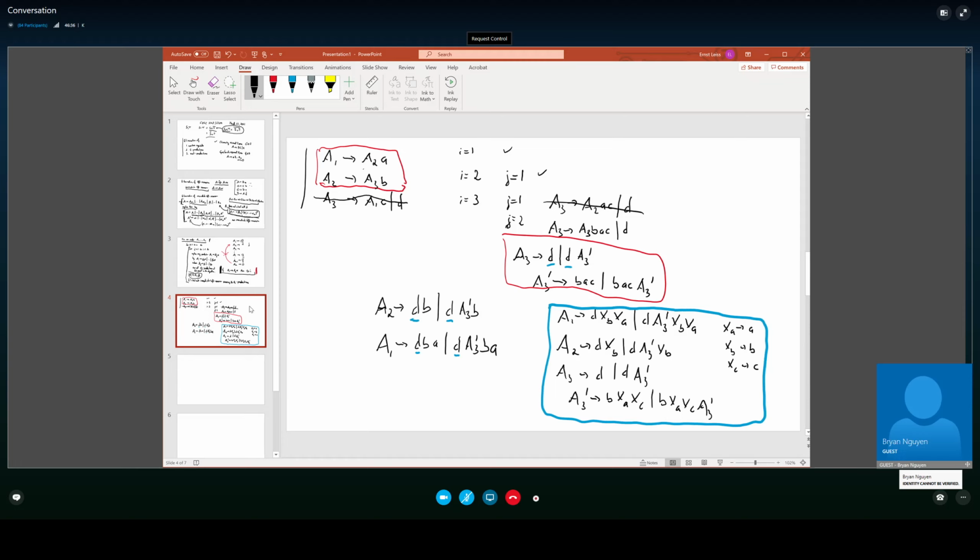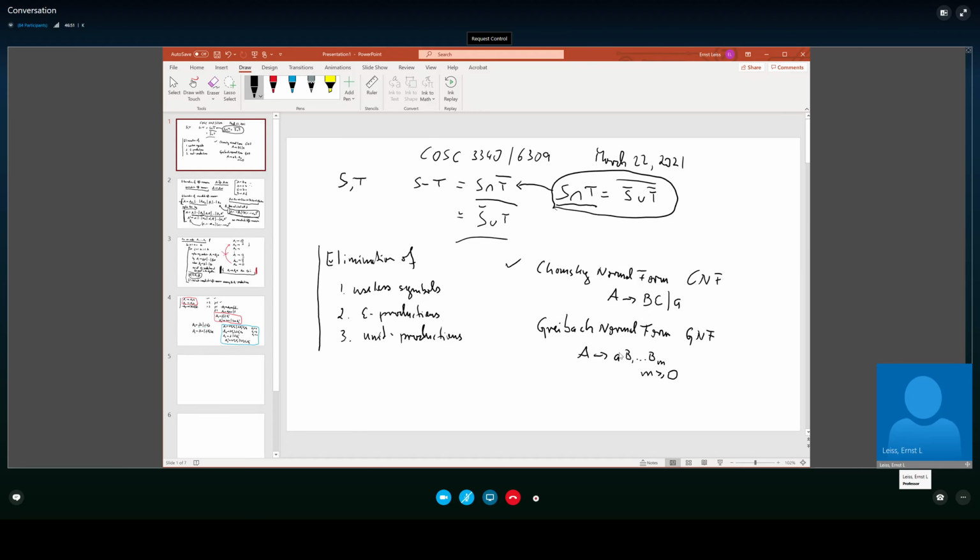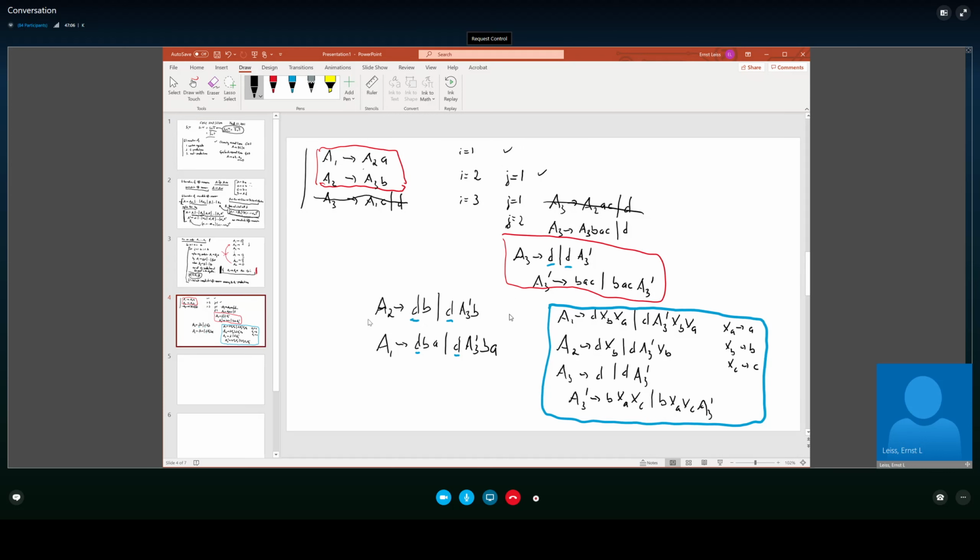How come on A3 prime when it goes to B, XA, and XC, how come it doesn't go to XB, XA, and XC? That's very simple, because you are supposed to start with a terminal. All productions have to start with a terminal, and then there are 0 or more variables following.